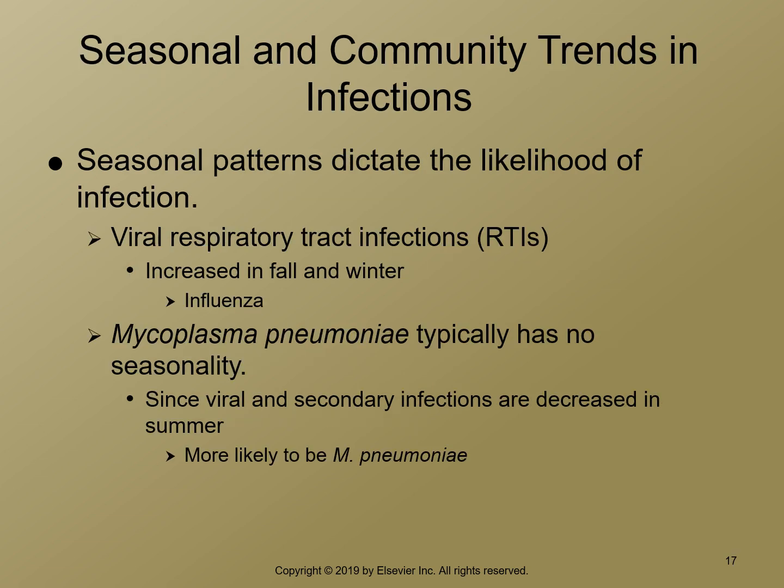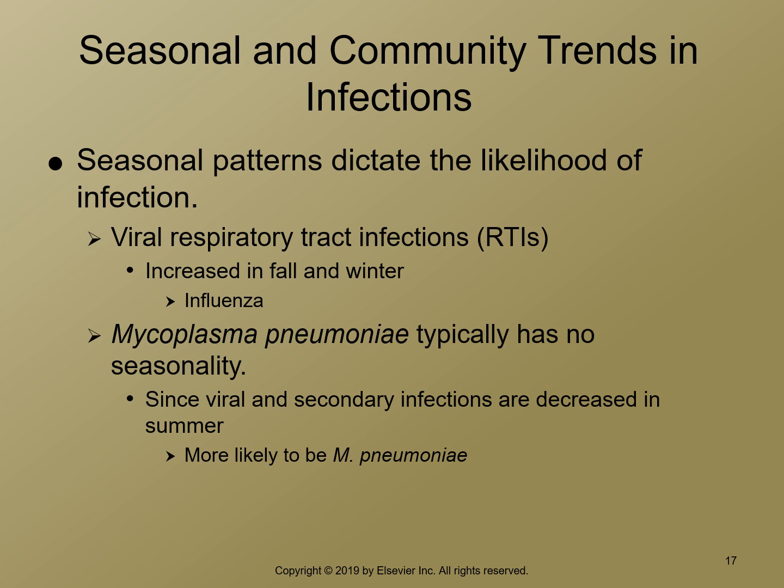Awareness of the patterns of respiratory tract infections at different times of the year are important for efficient use of diagnostic microbiology resources. So seasonal patterns dictate the likelihood of infection, whether you're looking at a viral respiratory tract infection or mycoplasma pneumonia associated or bacterial. So with viral infections, these are usually increased in the fall and winter, such as seen with the flu.